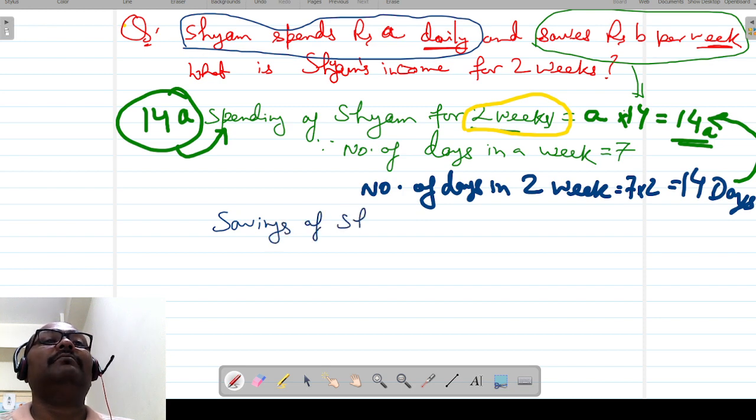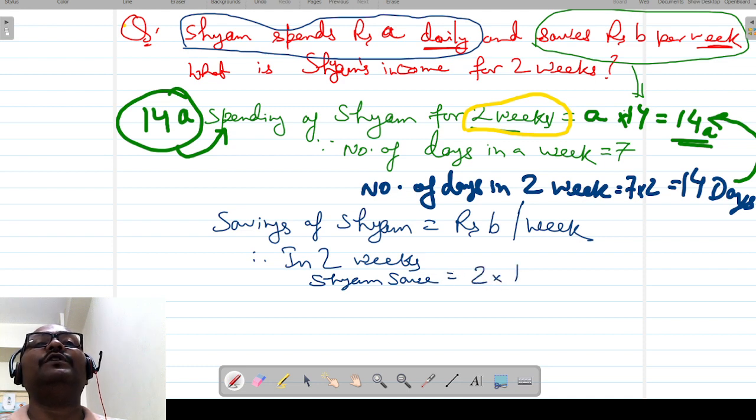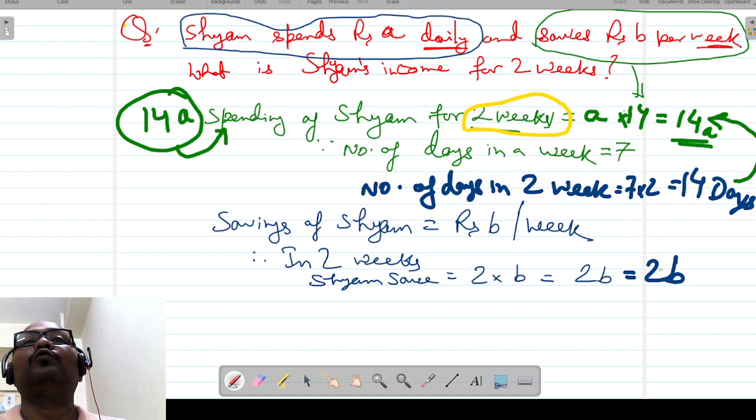Savings of Shyam equal to rupees b per week, right? Therefore, in 2 weeks, Shyam saves 2 into b. That means rupees 2b, right? Got it? 2b saving.